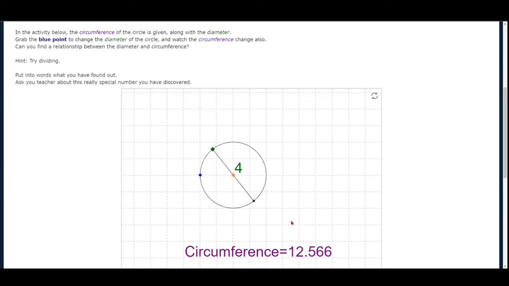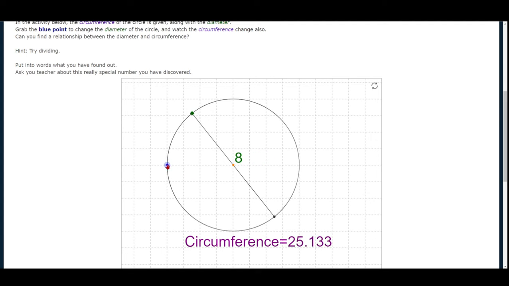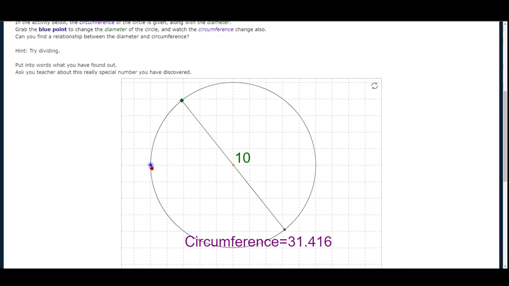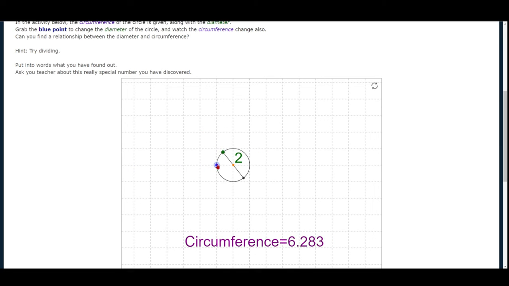So we want to look at what is the relationship between the diameter and the circumference. And we're going to make different shapes. So we can look at 6 and see the relationship between the two. 8. Maybe look at 10. 12. Maybe we go even smaller. 2.